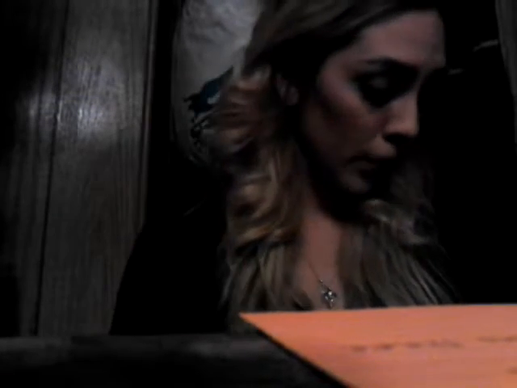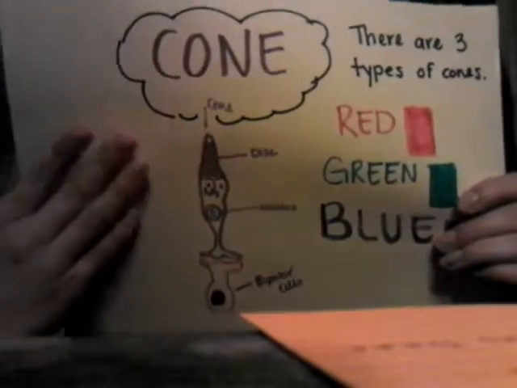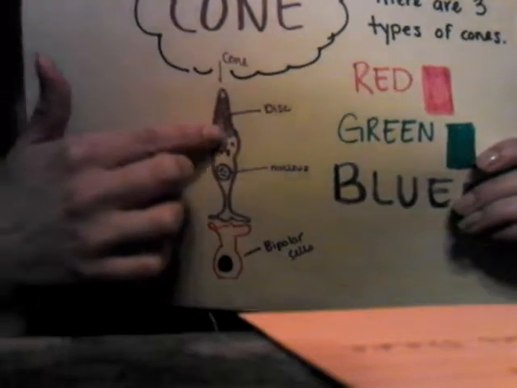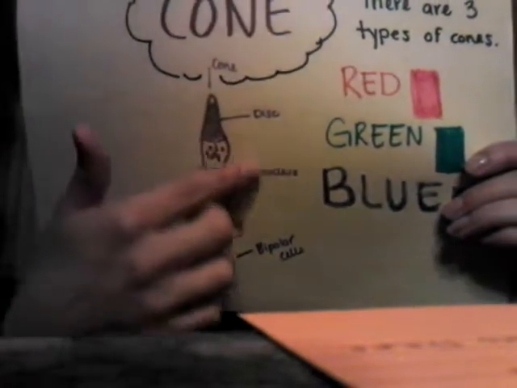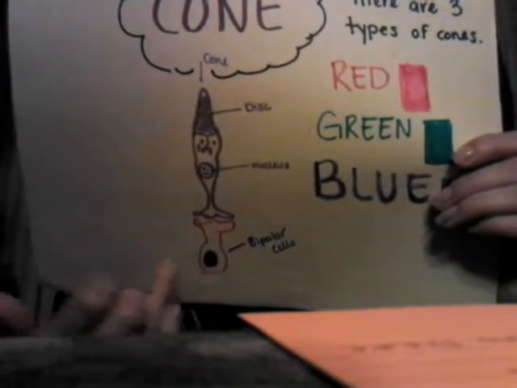I have a picture of cones that I made to help you understand what cones look like, what they have, and the three types of colors they have in them. This is the cone structure. These are the discs, we obviously have a nucleus, and this is our bipolar cell.